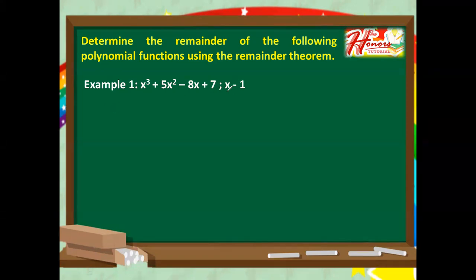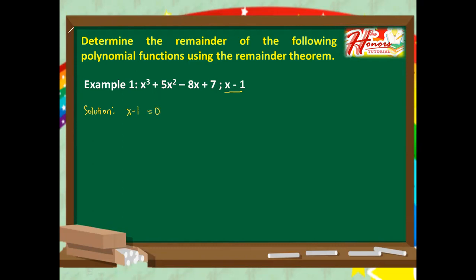Let's write it here. And then kindly get our divisor, and that is x minus 1. That is the second given. We have to equate this to 0.